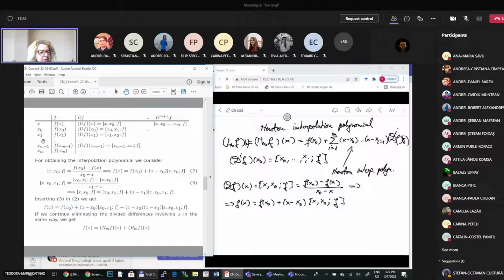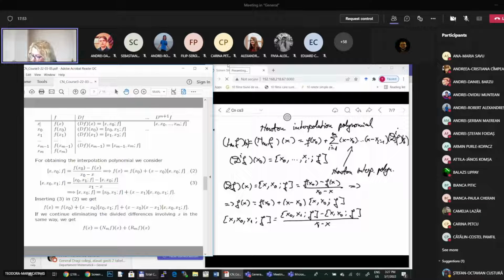We skip an element here. So we have that the divided difference that uses x, x0, x1 of f is given by [x, x0, x1; f] equals ([x0, x1; f] minus [x, x0; f]) over (x1 minus x).